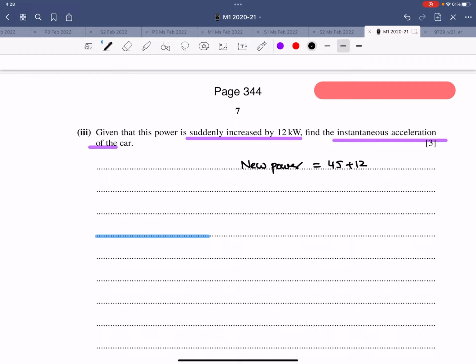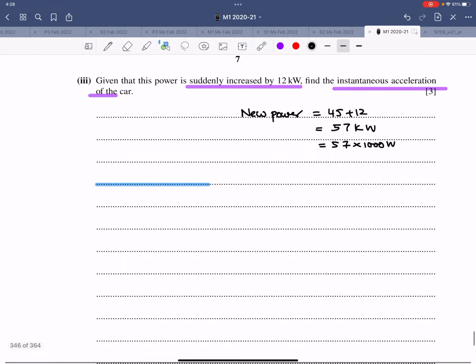That is 57 kilowatt. That is 57 into 1000 watt. And if you draw a car over here like this, the forward force is 57 into 1000 divided by 36. The resistive force remains the same, that is 1250.